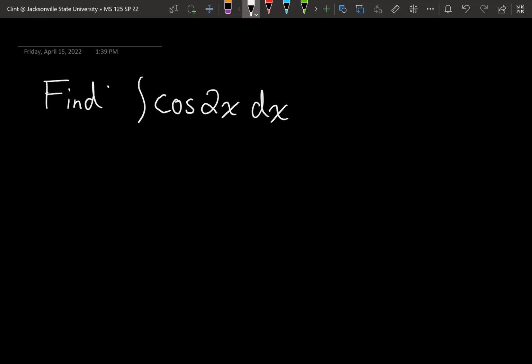We can't just jump straight to an antiderivative on this one because we have one function inside of another function. We've got a composite function because we have a 2x inside the cosine instead of just an x.